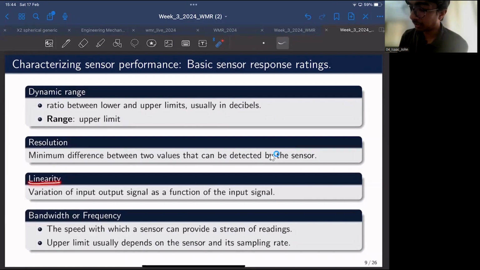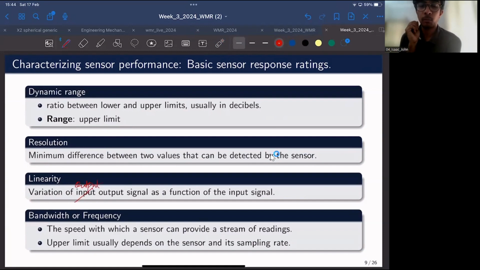Another characteristic is what we call linearity. It simply denotes the variation of the output signal as a function of the input signal.